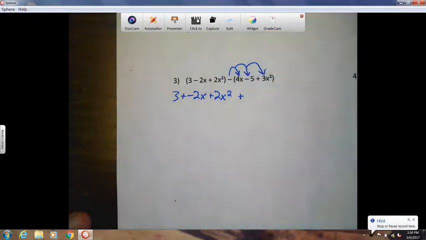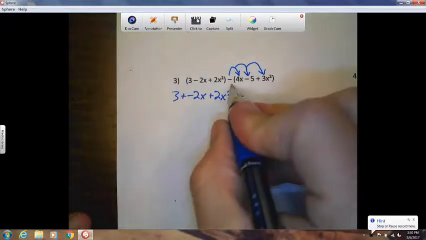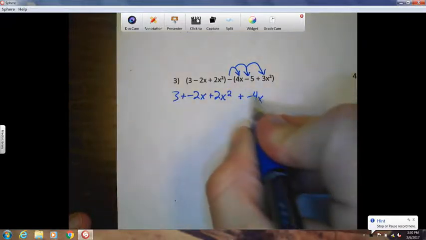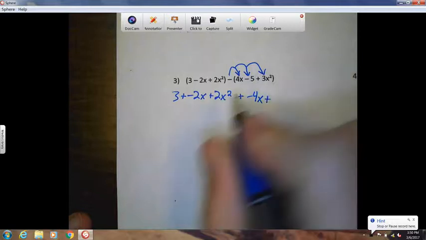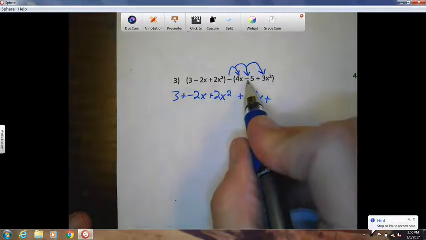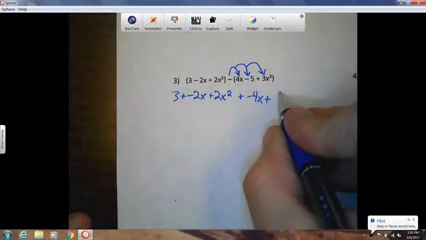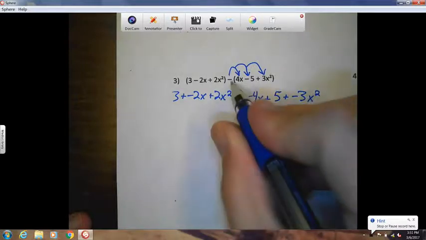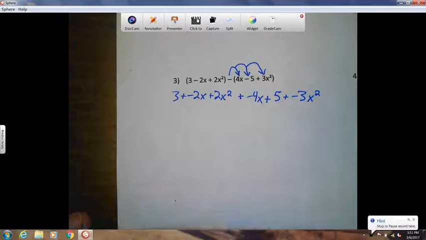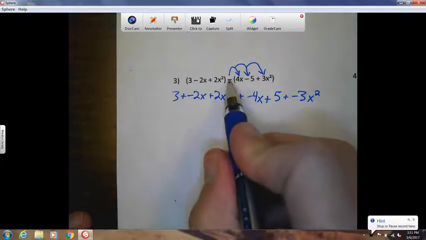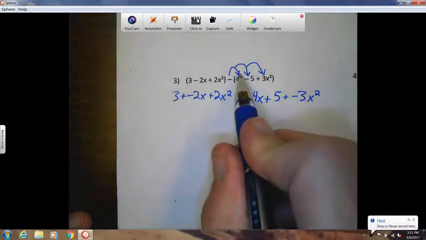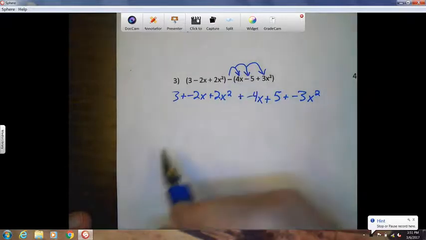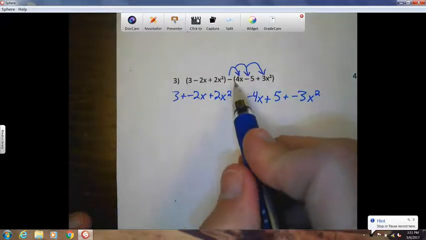So this is a negative 4x now, because it was a positive. This is a positive 5. It was a negative 5. And a negative 3x squared. It was a positive, now it's a negative. So notice how I've changed that. Change the sign because you have to take distributive property to all of those. That's only the case when you have a term in parentheses and a negative sign out front.